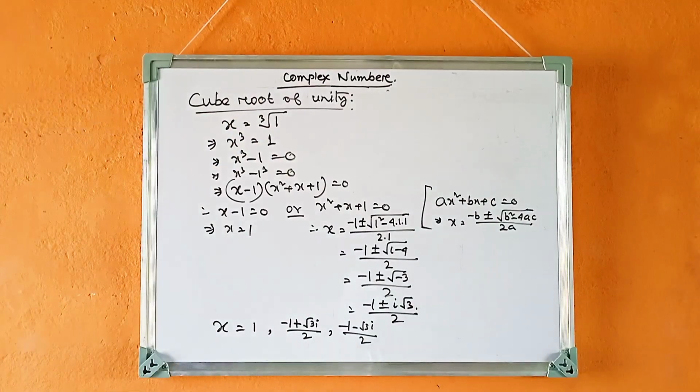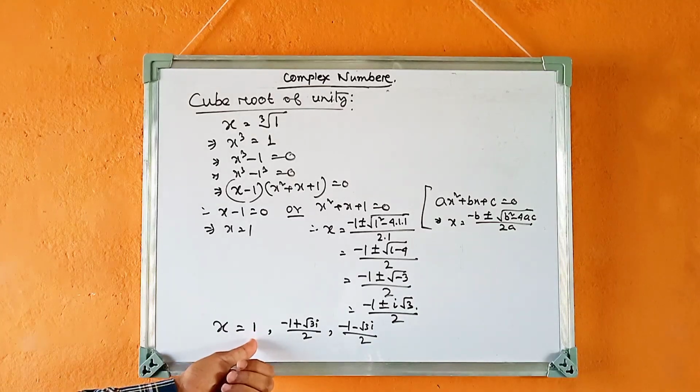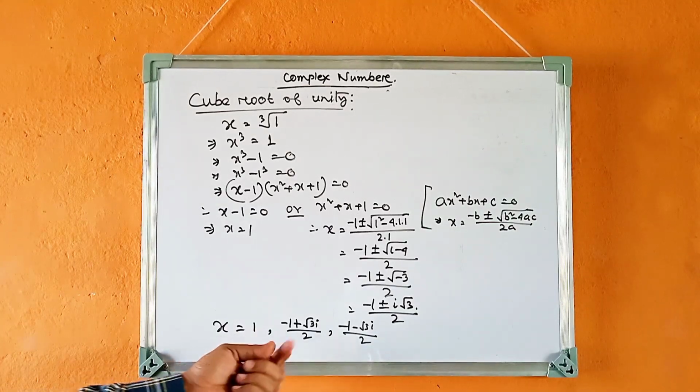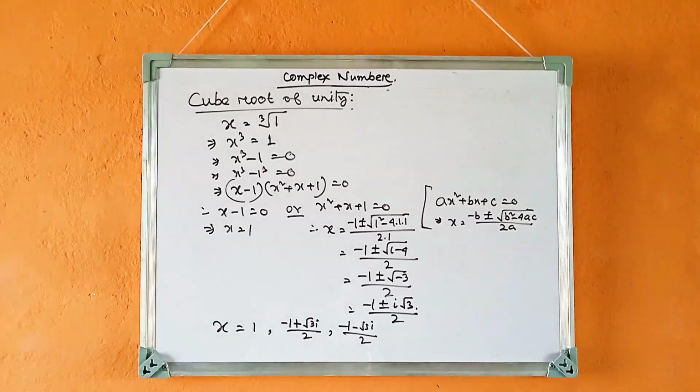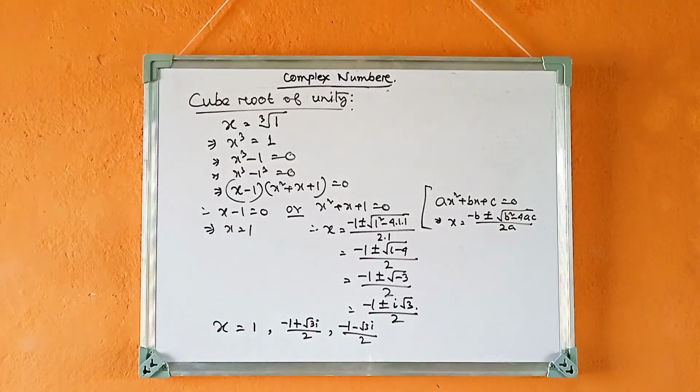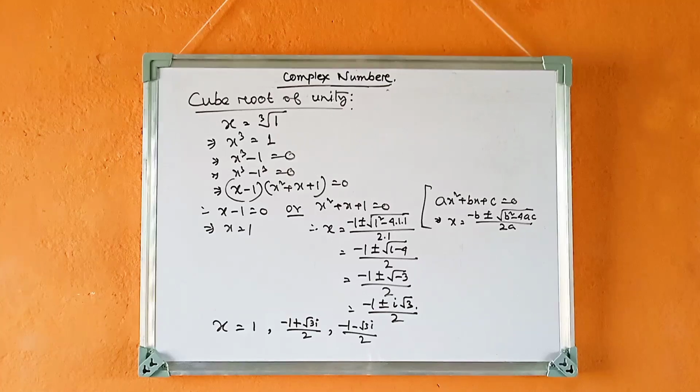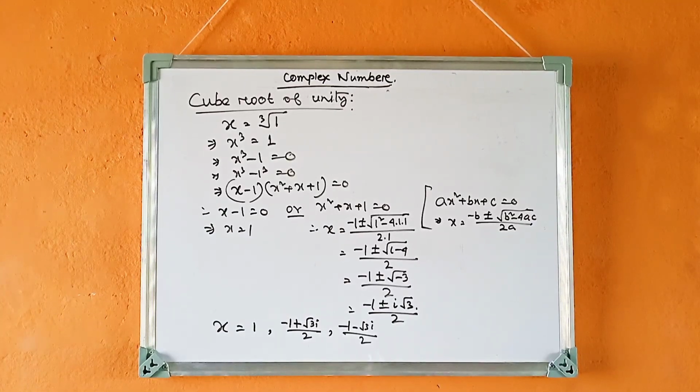One root is real, that is 1, and the other 2 roots are complex. So the 3 cube roots of unity are 1, minus 1 plus root 3 i divided by 2, and minus 1 minus root 3 i divided by 2.